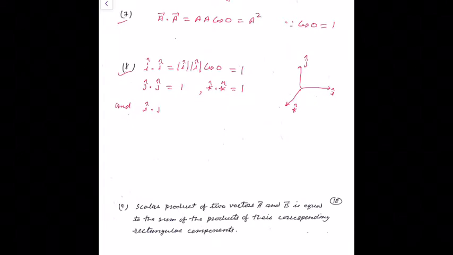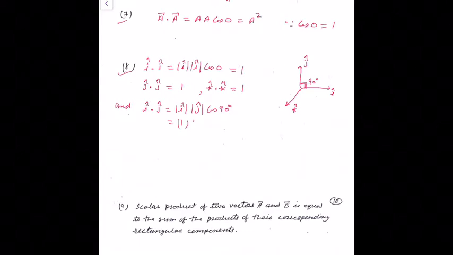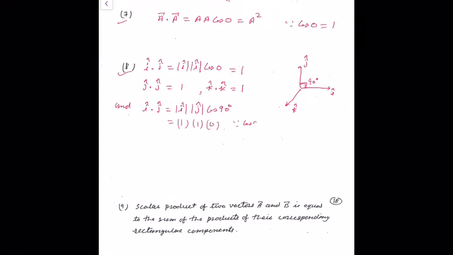And i cap dot j cap: the angle between i cap and j cap is 90 degrees. So magnitude of i cap, magnitude of j cap, cos 90 degrees. Magnitude of i cap is 1, magnitude of j cap is 1 and cos 90 is 0, since cos 90 is equal to 0.